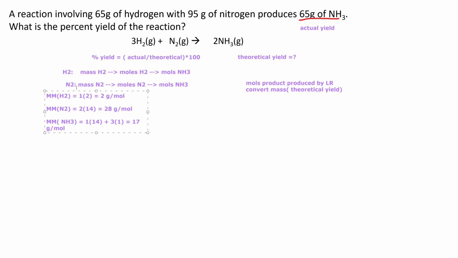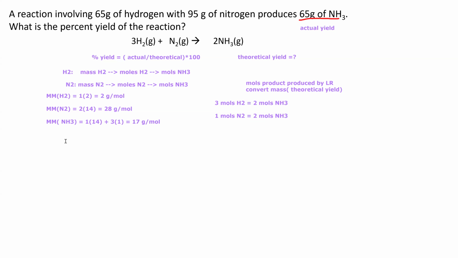I just like to have everything set up that I'm going to need. Then we need the mole ratios. So 3 moles of hydrogen gives us 2 moles of NH3. And 1 mole of nitrogen gives us 2 moles of NH3. So now we're ready to start our calculations.